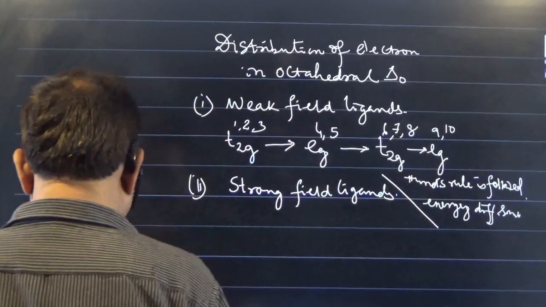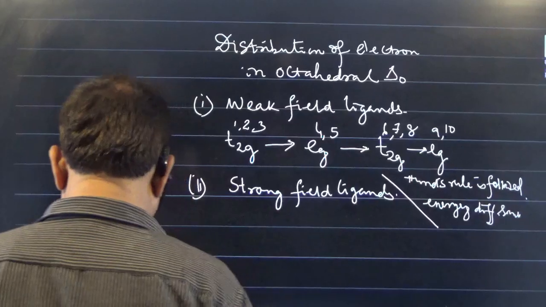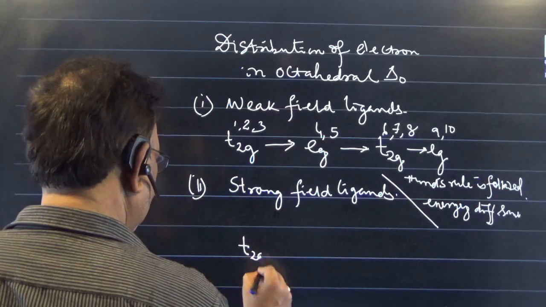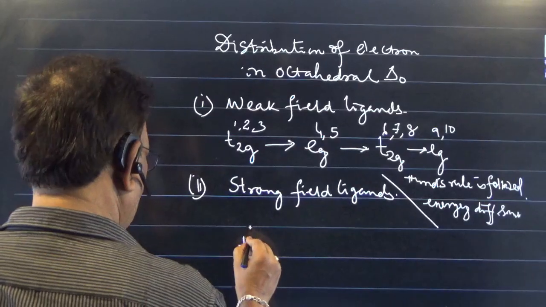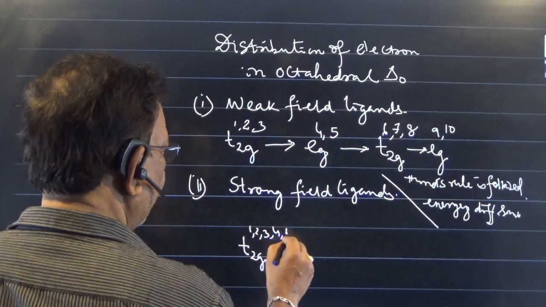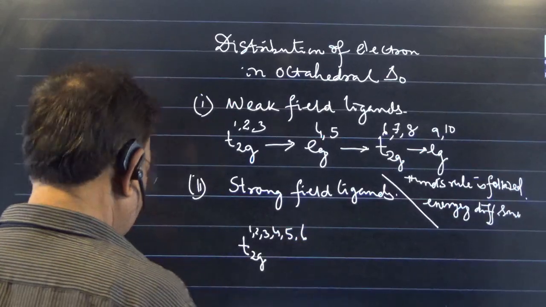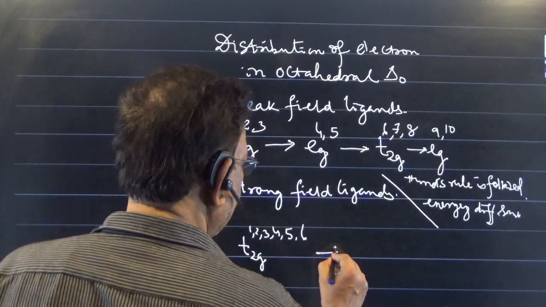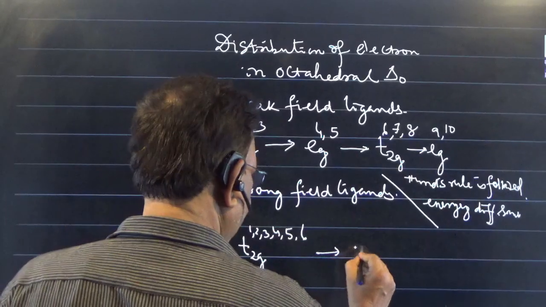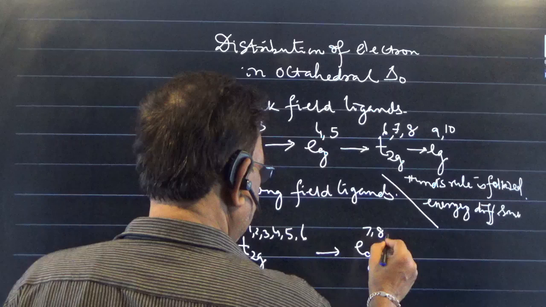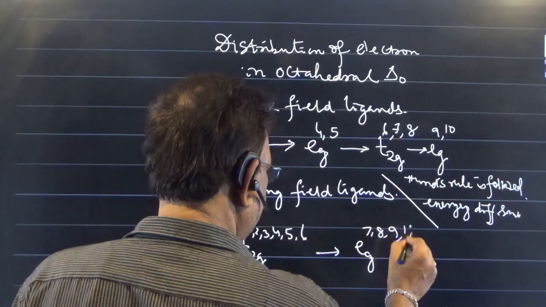In strong field, 1, 2, 3, 4, 5, 6 electrons will be filled in T2G, then it goes to the Eg, 7, 8, 9 and 10.